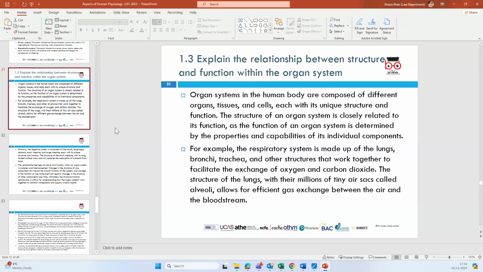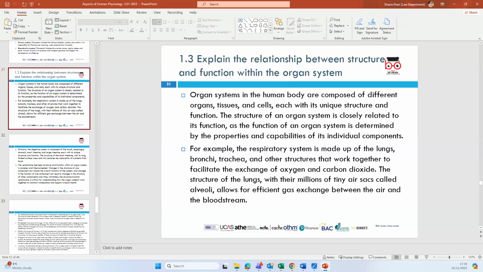It says explain the relationship between structure and function with the organ system. Can you see that slide? Yes, please. Okay. So the relationship between structure and function in an organ system is that an organ's specific structure is adapted to perform its specific function, and organs work together as a system to perform larger coordinated tasks.